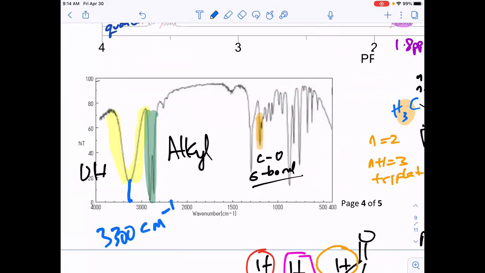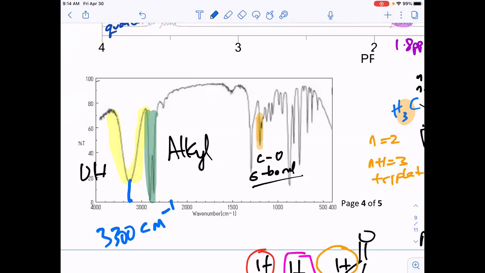That's the unit for infrared, because you're measuring the wavelength or the frequency, and frequency is the speed of light divided by the wavelength. So it'll be in reciprocal, because the wavelength is normally in nanometers or centimeters or some unit of distance. So the alcohol stretch shows up at 3,300, and that's where it absorbs.